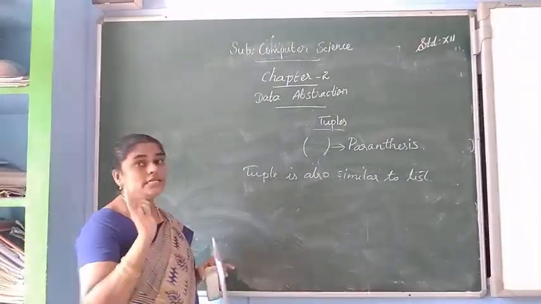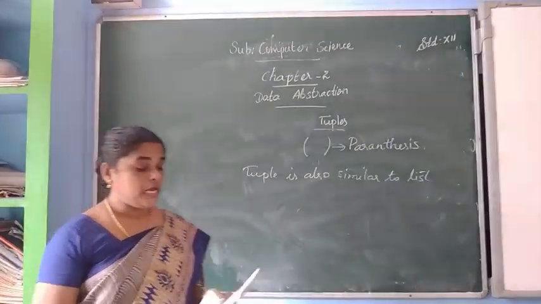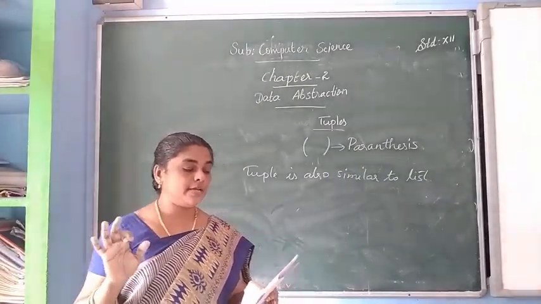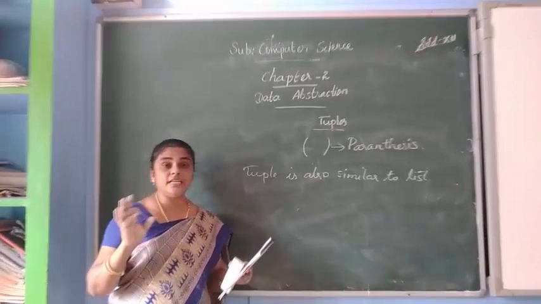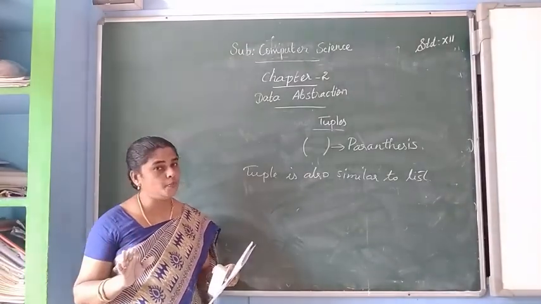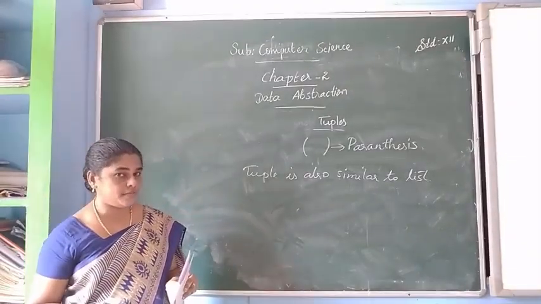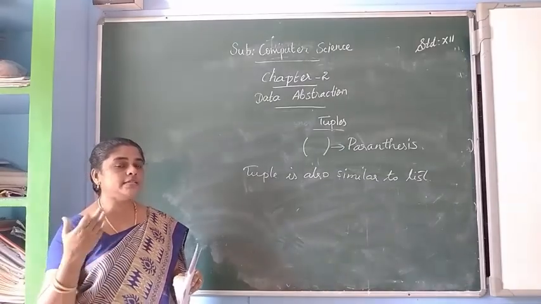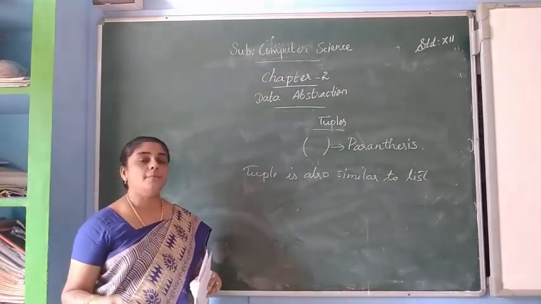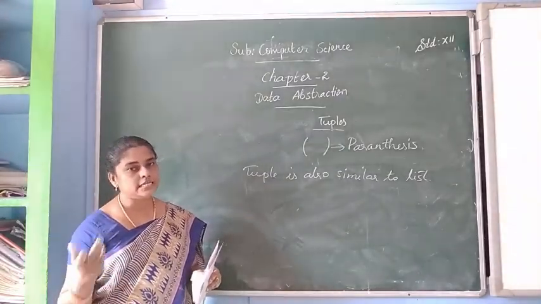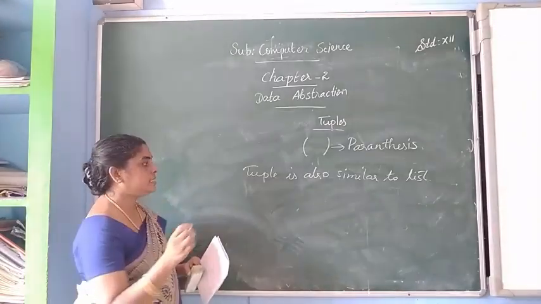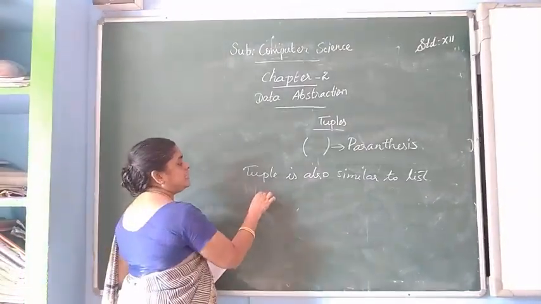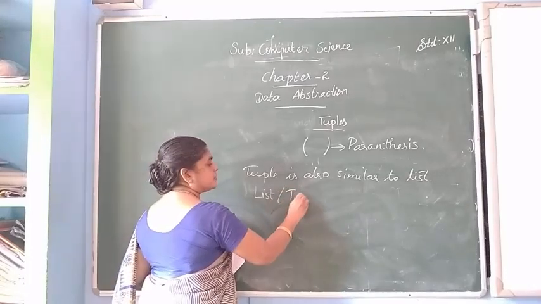That difference is in the tuple, we cannot change the elements. If one time we give the elements, we cannot change them. But in list, we can change the elements. What is the difference between list and tuple?